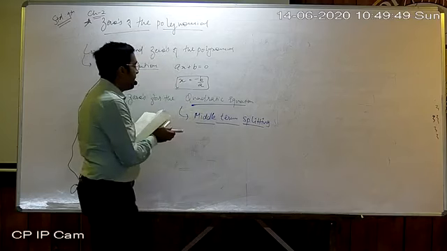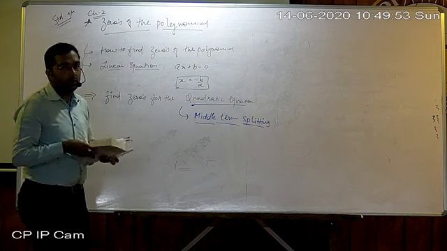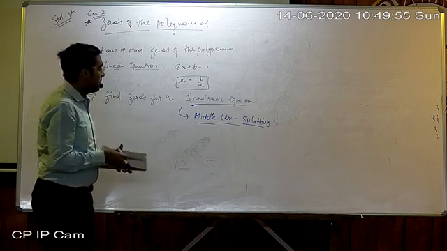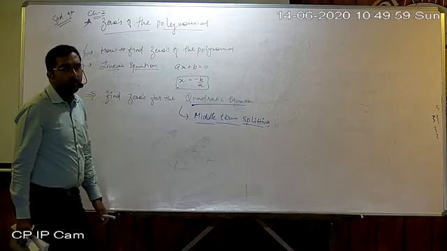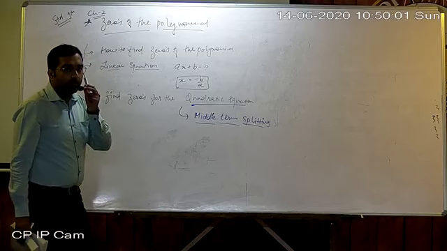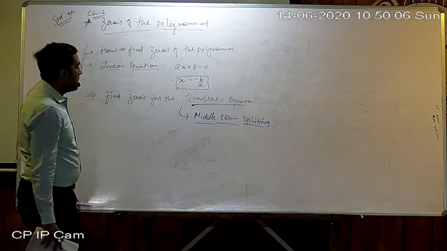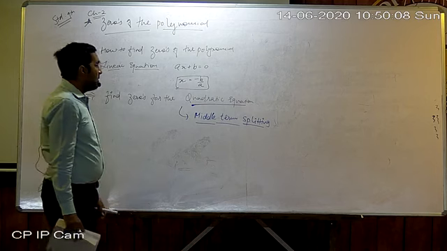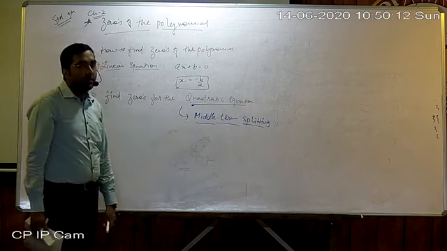There are lots of methods to solve the quadratic equation, like the completing square method, the discriminant method, and the middle term splitting method. So in the 9th standard you just have to learn the middle term splitting method.